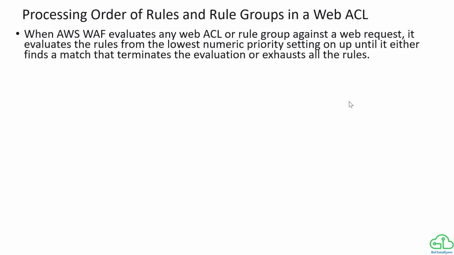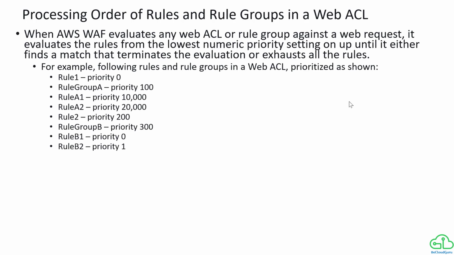It gives priority to the lowest numeric setting put on the rule, and it keeps doing the same until it either finds a match that terminates the evaluation or all rules are exhausted. So let's take an example. Let's say we have the following rules and rule groups in a Web ACL, and we have these priority numbers as given on the right-hand side.